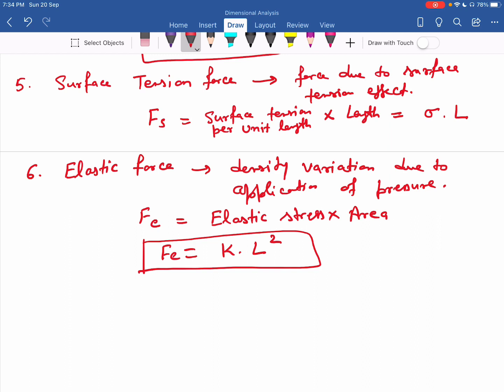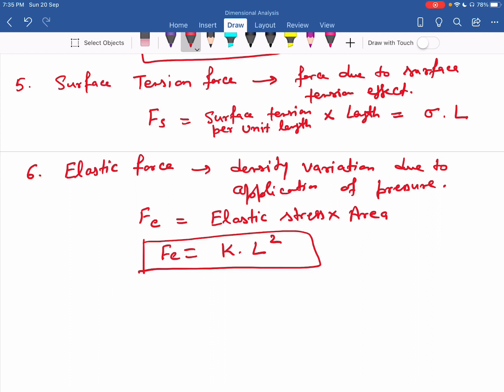So these are the six forces which are acting on any physical phenomena. Now, at one time, it is not possible that all these six forces are present in the physical phenomena. They are rarely present at one time.